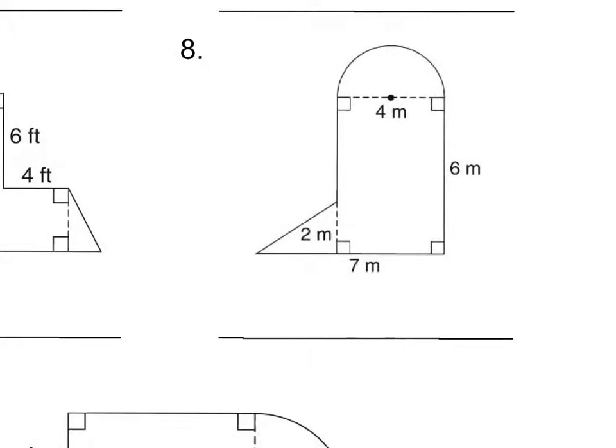Number 8 looks like a good choice. I see some circle, triangle, and rectangle shapes. When you're solving the area of a composite figure, you want to break it down into shapes that you know. I know how to find the area of a rectangle, so that's one of my shapes.